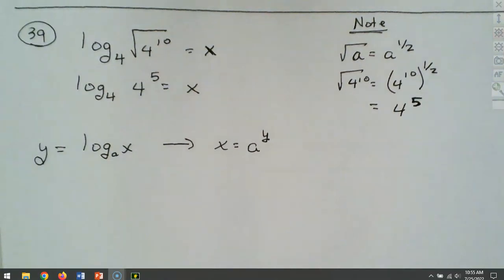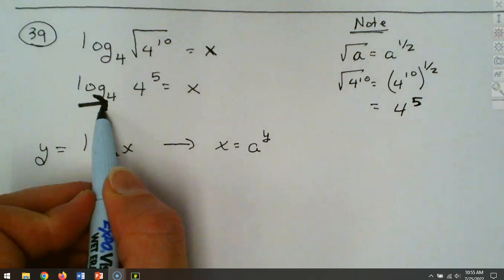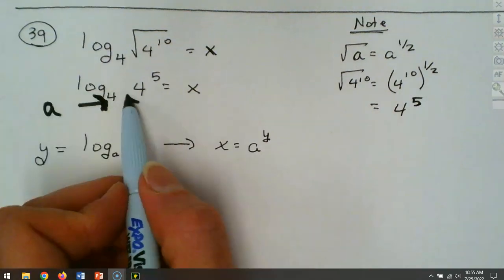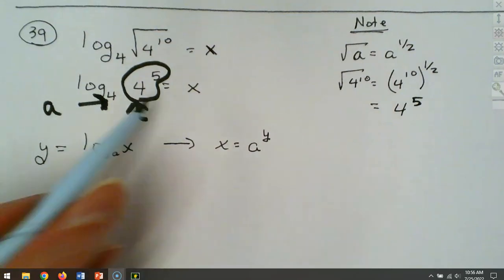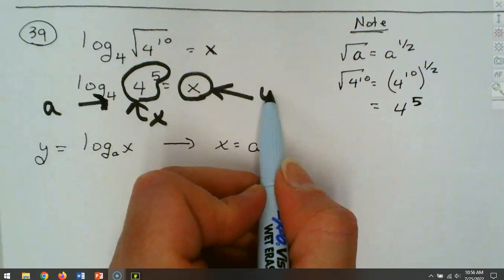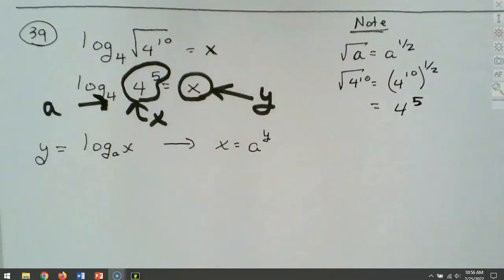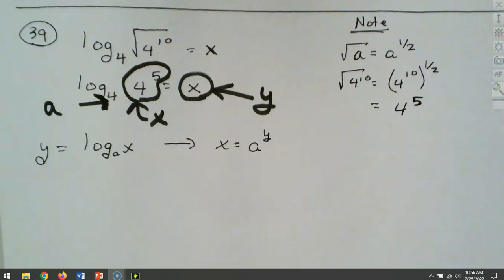So again, we look at our logarithm and we label. That's your a. This part is the x. And this is the y. When I convert, I know it gets confusing with the x and y, but there's really no way around it.